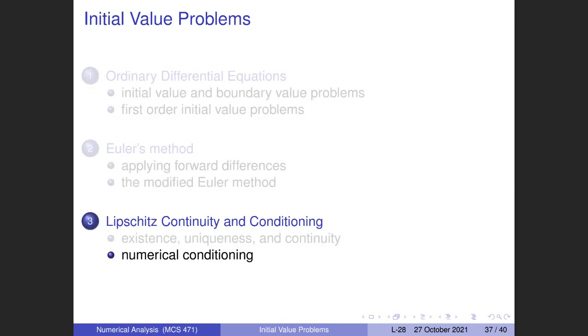All right, last item. How can we think about the numerical conditioning? Given that there is a solution. If there is no solution, then the question of numerical conditioning doesn't make sense.